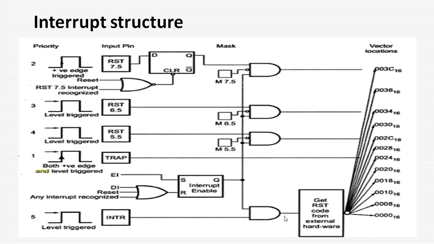So it will not automatically go to a special location; it expects the RST code from the external bus. So this interrupt is called hardware as well as software interrupt, and also vectored and non-vectored interrupt. So this is the interrupt section and the explanation of the flow of the 8085.